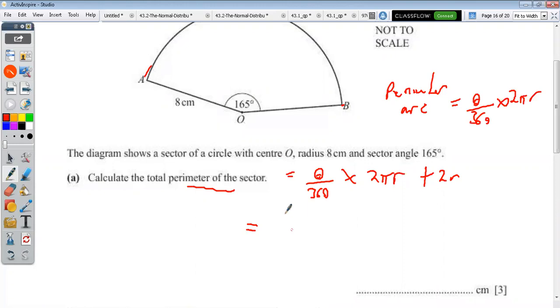So now this is 165 over 360 multiplied by 2 pi. What is our radius? 8. Plus 2 times 8 is what? 16. So what do you get? Use your calculators.